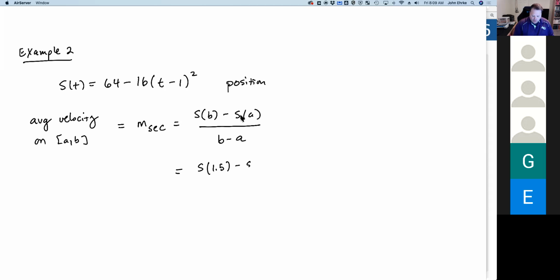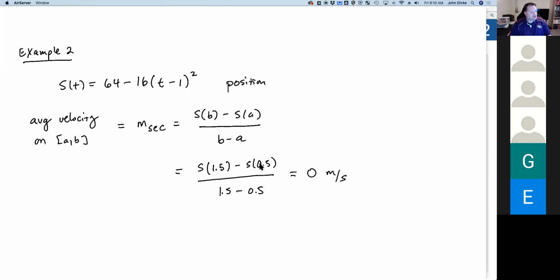The left endpoint is at 0.5 seconds. And so we would be calculating this particular value, where we would just plug 1.5 in for the function and see what we get, subtract what we get from plugging in 0.5, and so on. If you calculate this, you will get 0 meters per second.